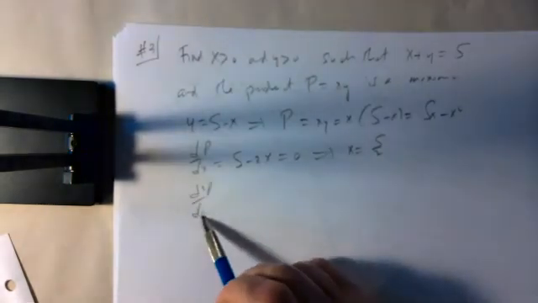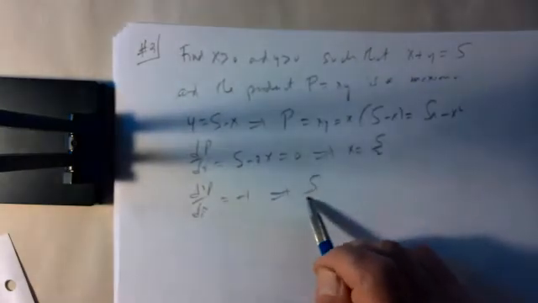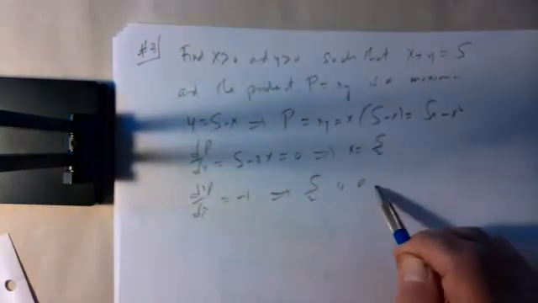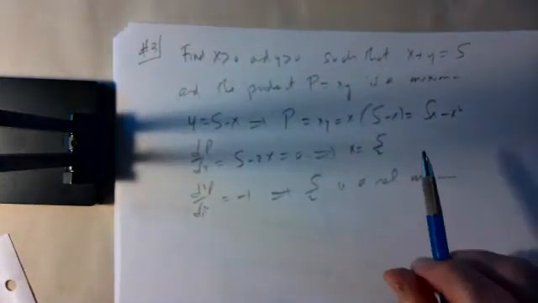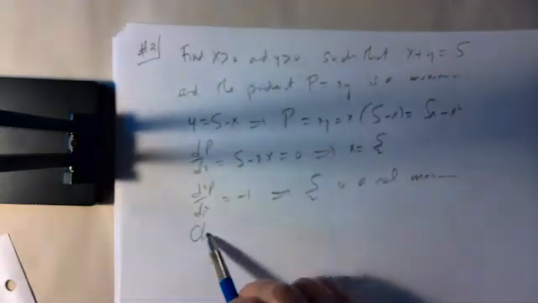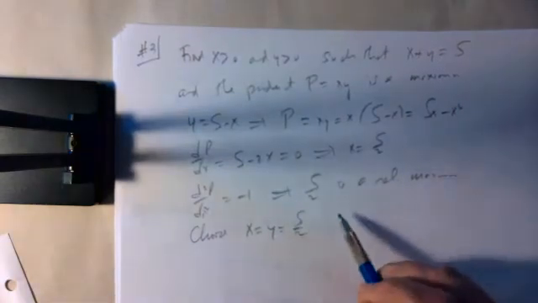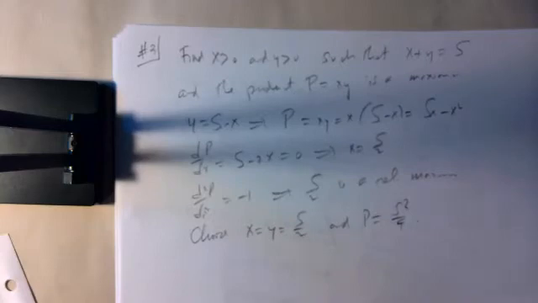And the second derivative is minus 2. So s over 2 is a relative maximum. So if you have two numbers that add up to s and you want to maximize the product, we choose x and y equal to s over 2. And then the product is s squared over 4.